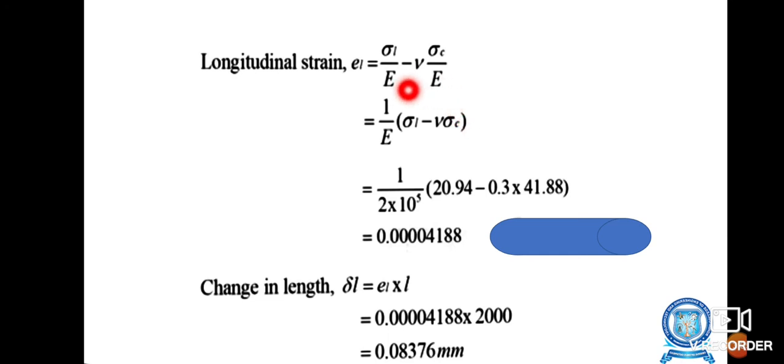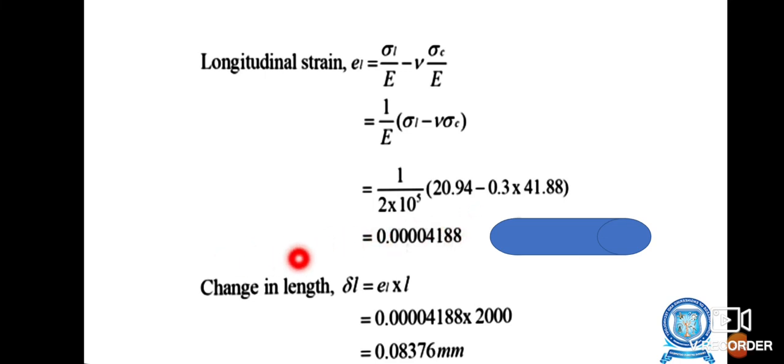We apply all the given values in this formula: 1 divided by 2 into 10 power 5 into (20.94 minus 0.3 into 41.88). We calculate these values and got the answer for longitudinal strain: 0.00004188. That is the value of longitudinal strain.